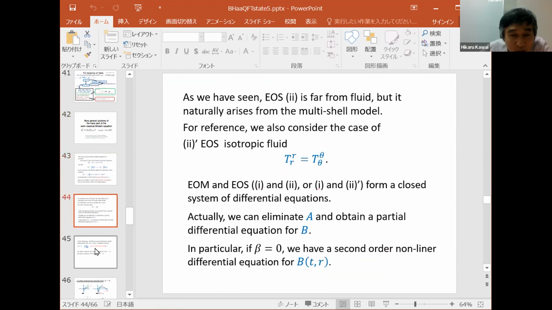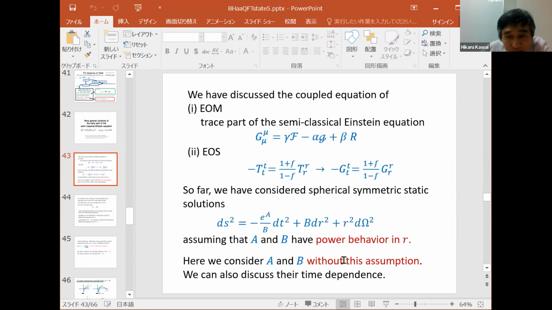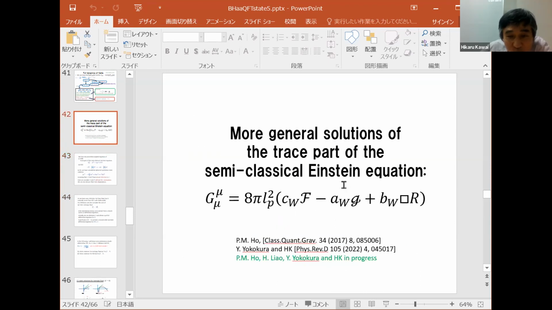So far we have considered capital A and capital B with power-like behavior. Within this assumption, we get that solution: capital A and capital B are proportional to R squared. But this equation is really strong, since here we use just the conformal anomaly.